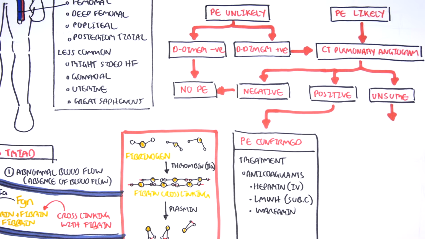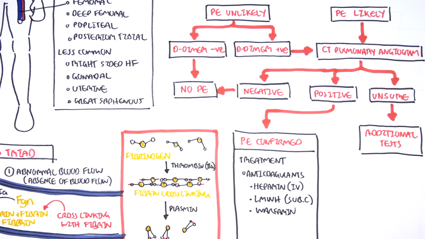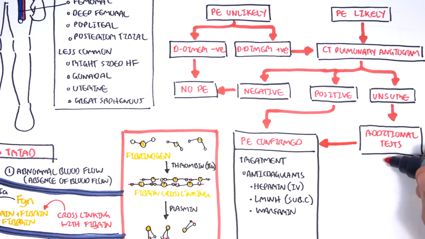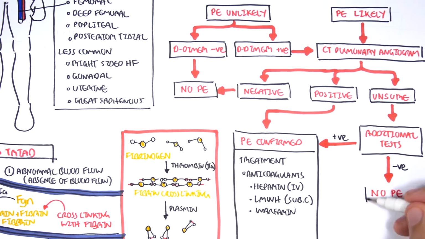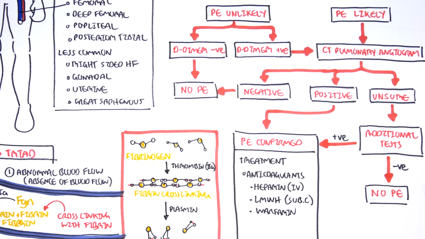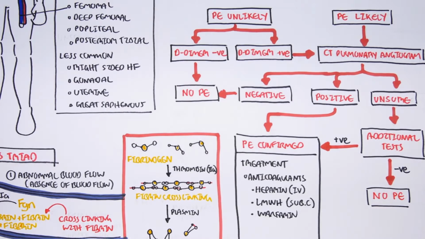And we'll look into this in a bit more detail. If after the CT pulmonary angiogram you're unsure, there can be an additional test performed, such as the ventilation perfusion scanning. And if it's positive, then you can rule in pulmonary embolism. But if it's negative, the person probably doesn't have PE, so it doesn't need treatment. So I hope that made sense, this algorithm for helping in the diagnosis of PE.